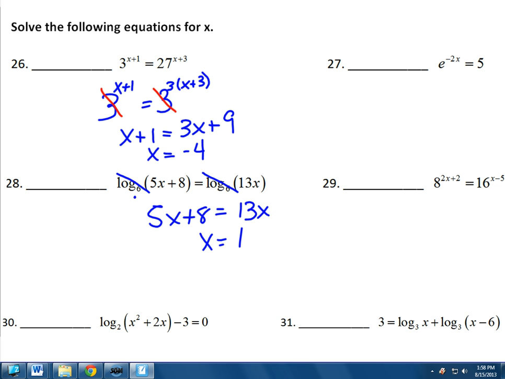In the E, couple different things I could do. Most common one is to take the natural log of both sides. Because now exponents come out in front.